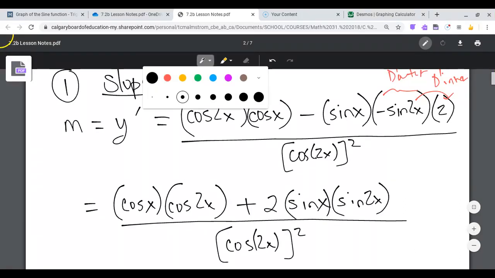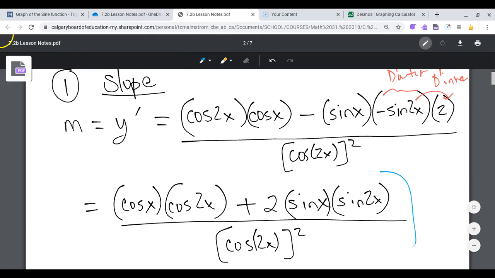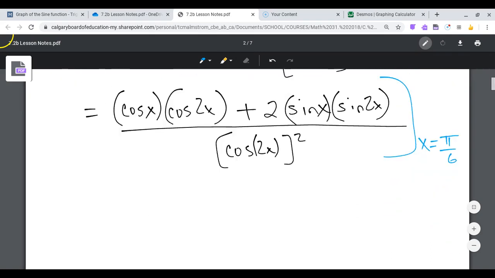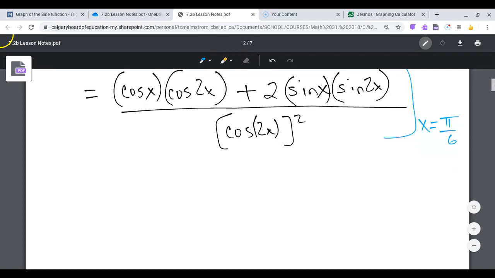And what I have to do to find the actual slope is evaluate this at the point of tangency, which is pi on 6. So when x equals pi on 6, I'm putting pi on 6 into this.